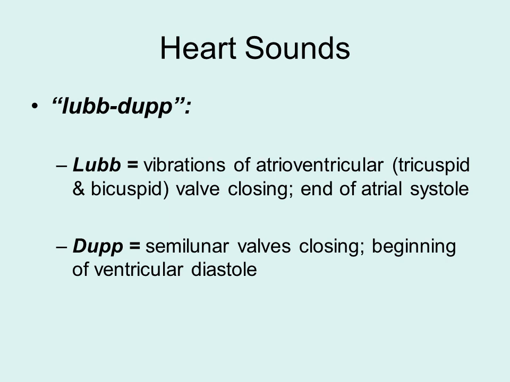it's classically described. The first sound is vibrations of your AV valves, the tricuspid and bicuspid valves, closing. And then the dub, that second sound, is the sound of the semilunar valves closing, the pulmonary valve and the aortic valve.